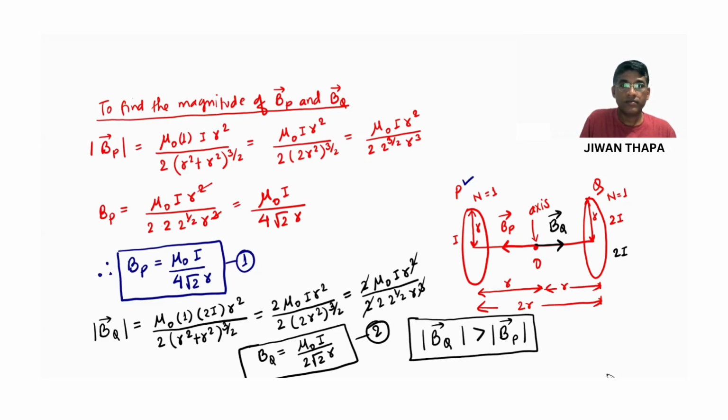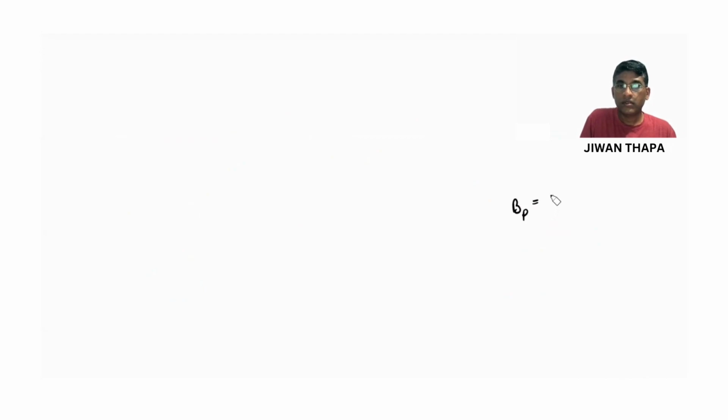BQ is mu naught I by 2 under root 2 R, okay, this is equation 2.